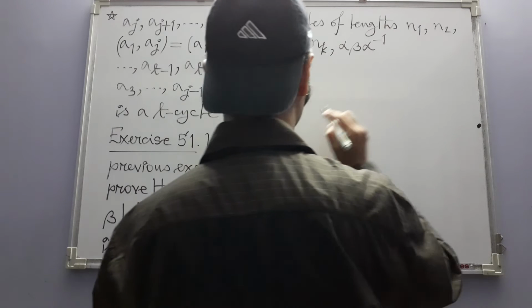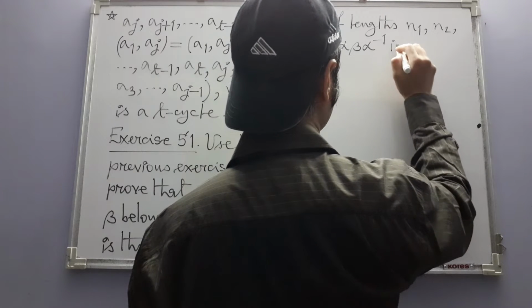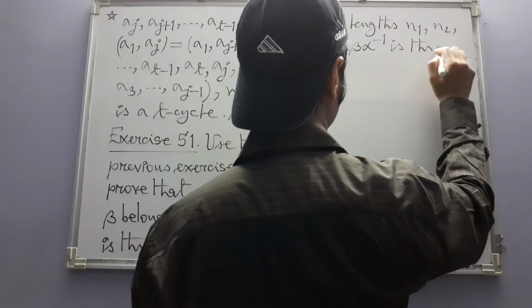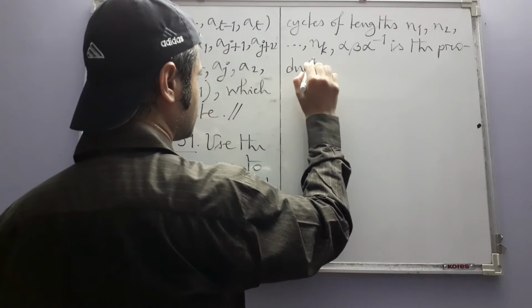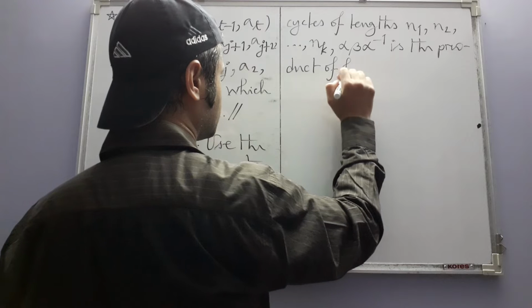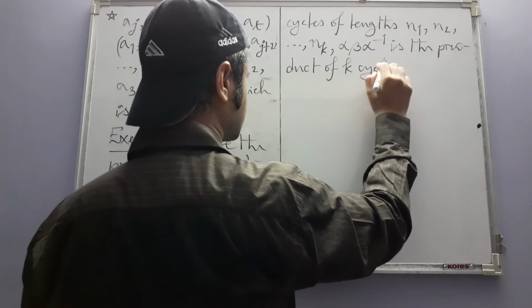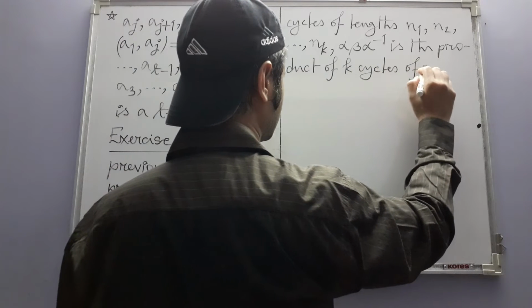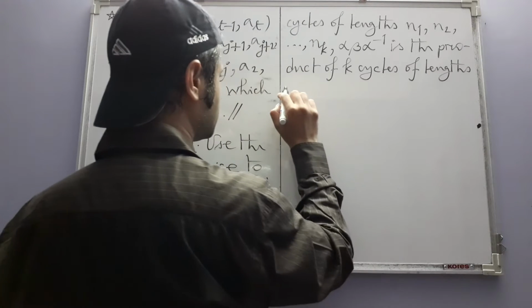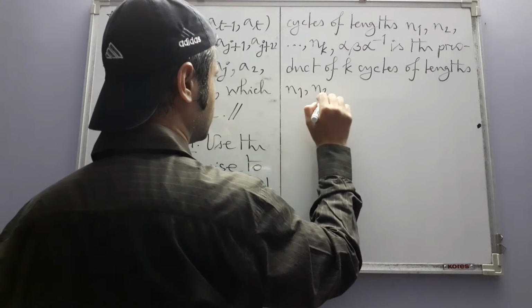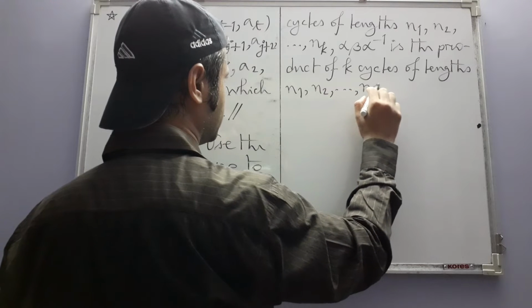Again, just like beta, alpha beta alpha inverse is the product of k cycles of lengths n1, n2, etc. nk.